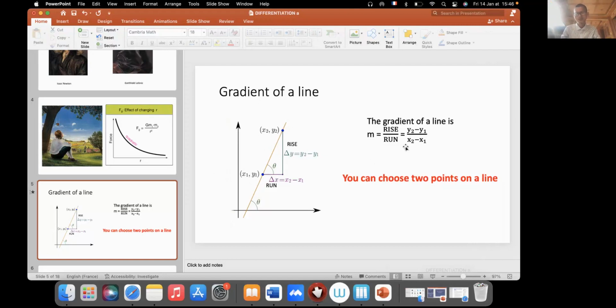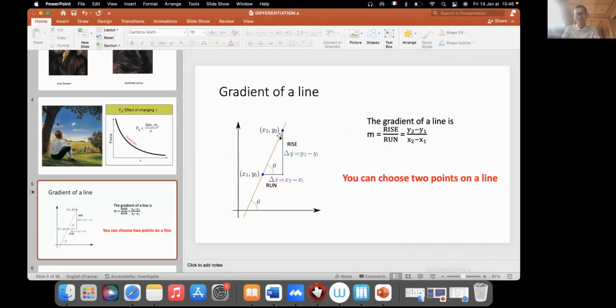So a question naturally arises: is this definition mathematically rigorous? That is, does the definition of gradient depend on the point we choose?